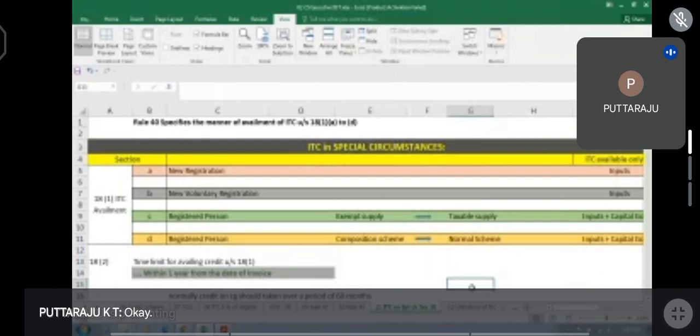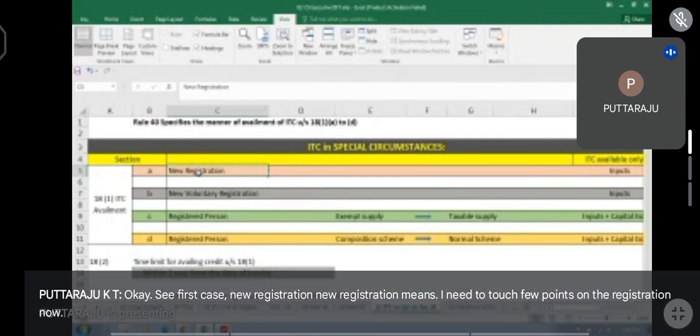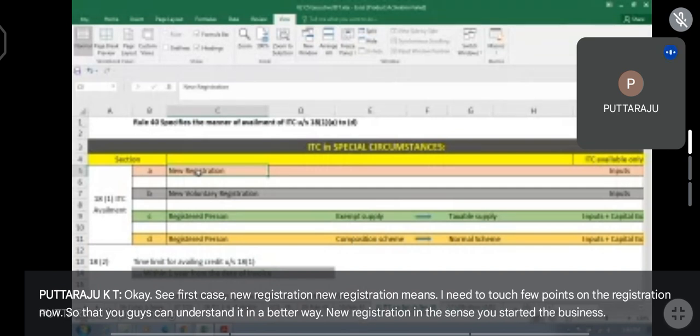Okay, see. First case, new registration. New registration means I need to touch a few points on the registration now so that you guys can understand it in a better way. New registration in the sense you started the business during any day during the previous year.